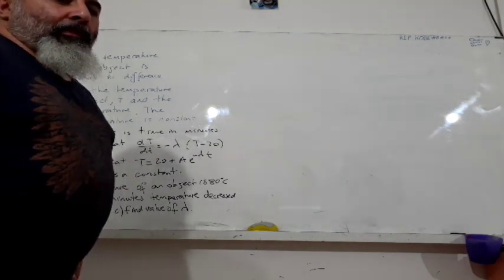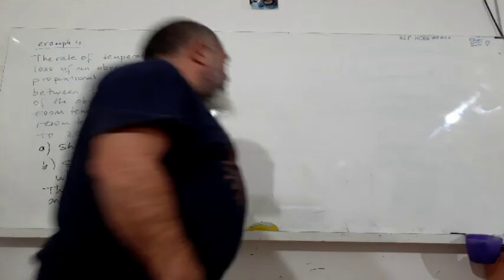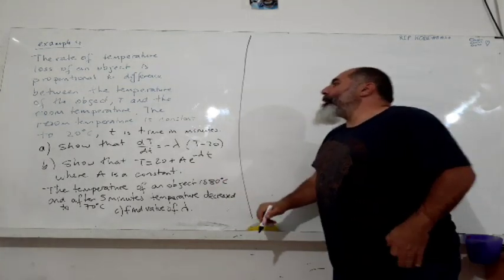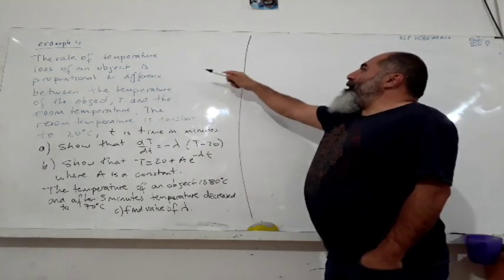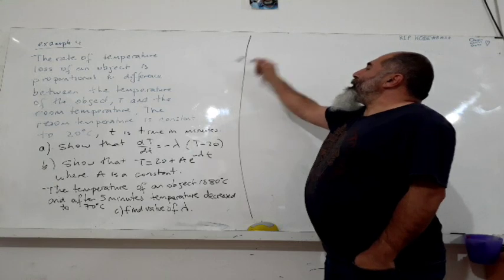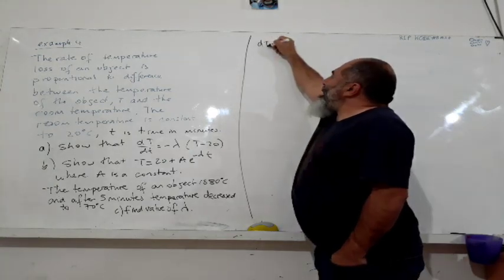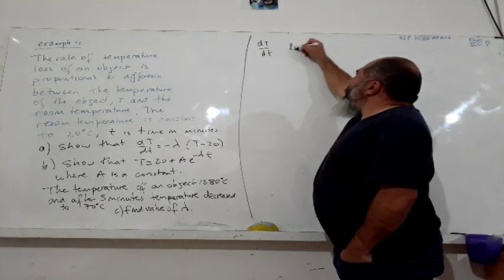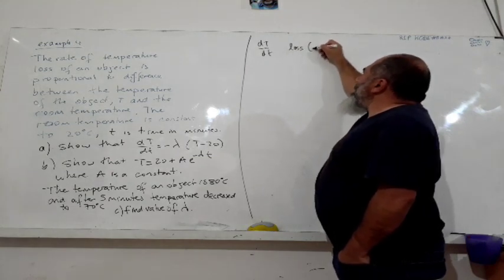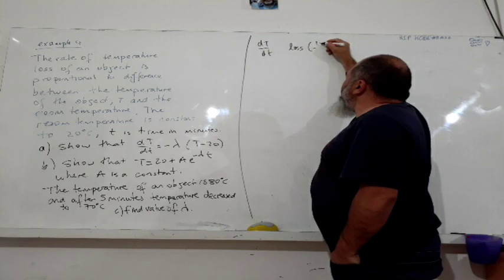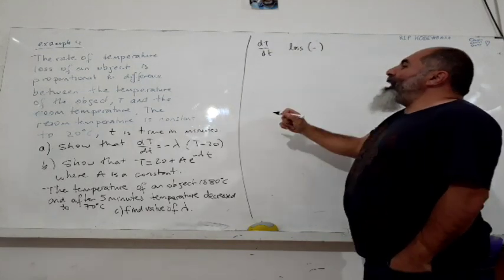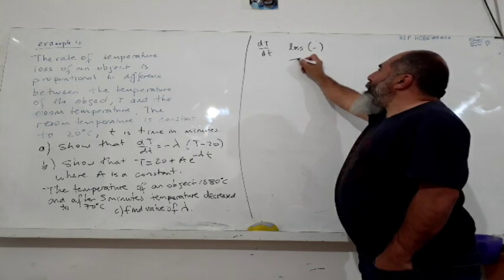Yes, the question is on the board. The rate of the temperature loss of an object means we have a rate of temperature here. Loss means the rate is negative. It is proportional to the difference between the temperature and the room temperature, which is T minus 20.